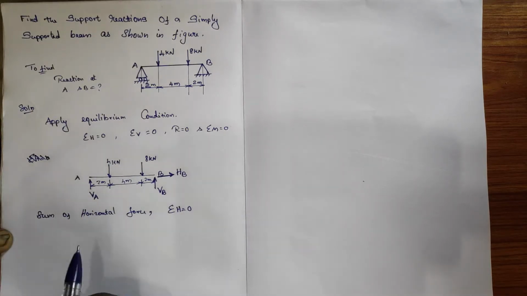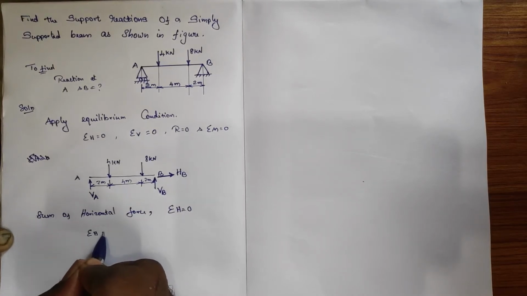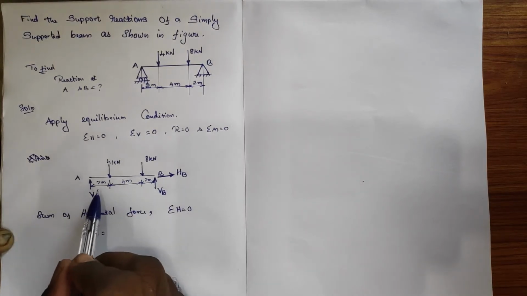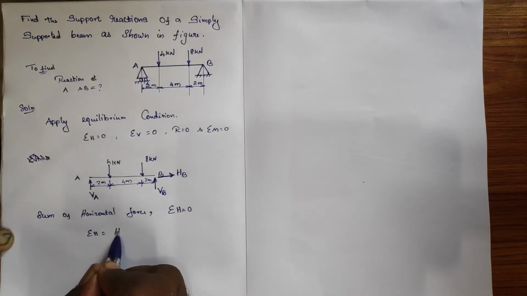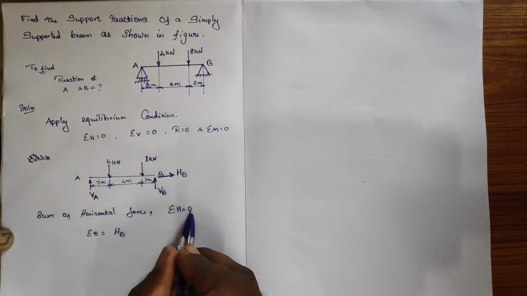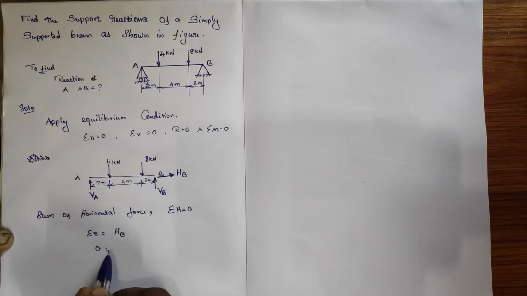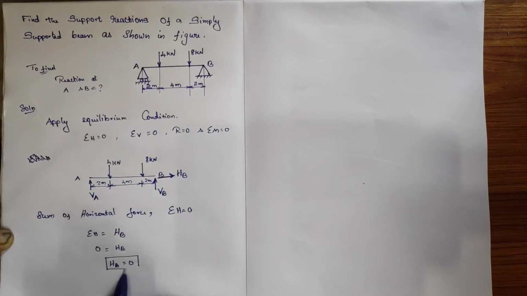Add all the horizontal forces. Only one horizontal force is there, which is the horizontal reaction force at B. Since the sum of horizontal forces is 0, we get HB equal to 0. So the horizontal force at B is equal to 0.